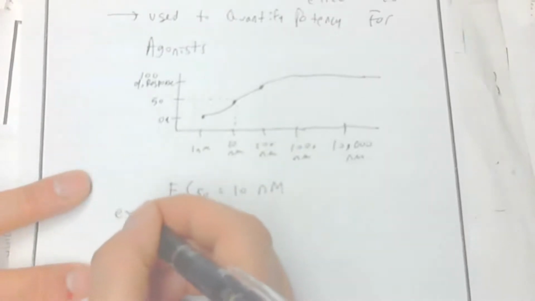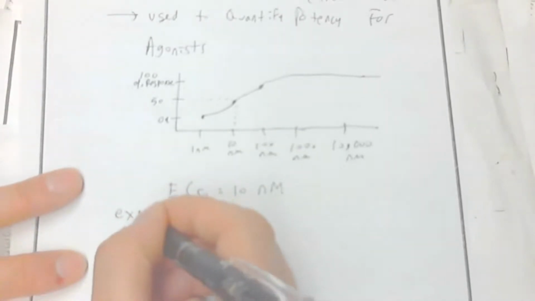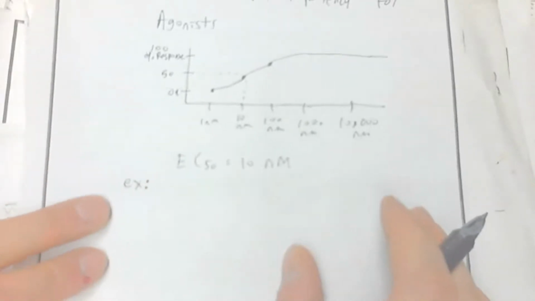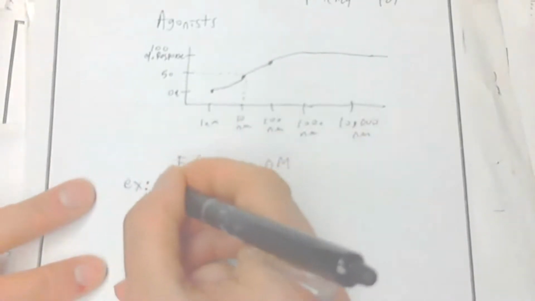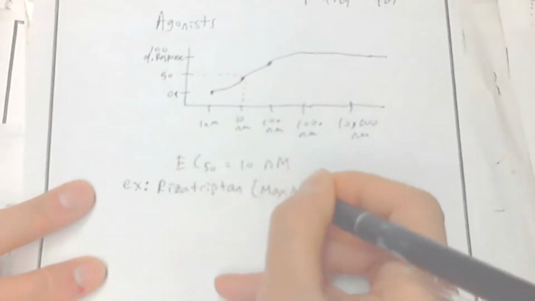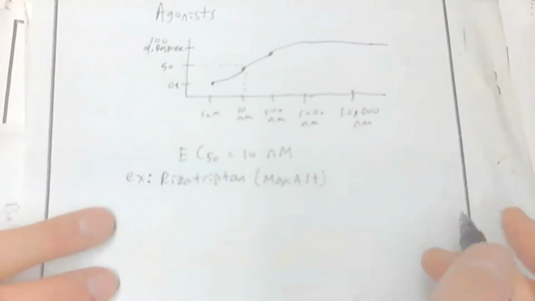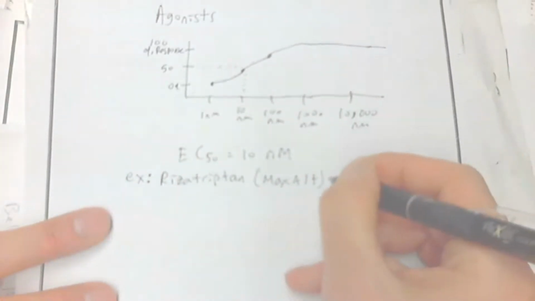As a real example of this, I'll mention a drug called rizatriptan, or Maxalt. It's actually a drug that I use as an anti-migraine drug.